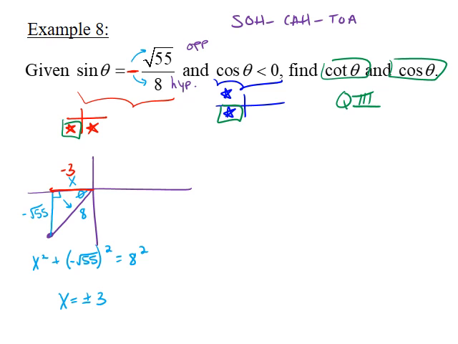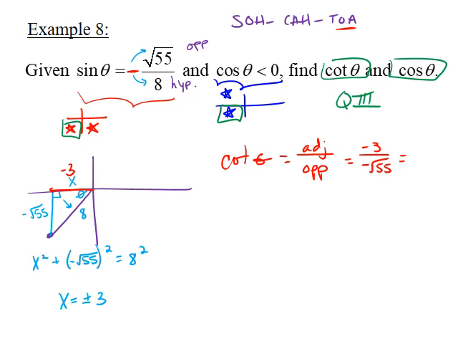So this is going to be a negative 3. So let's apply SOHCAHTOA and find cotangent. I know tangent is opposite over adjacent, so this is the adjacent over the opposite. So in this case, it's going to be negative 3 over negative root 55.